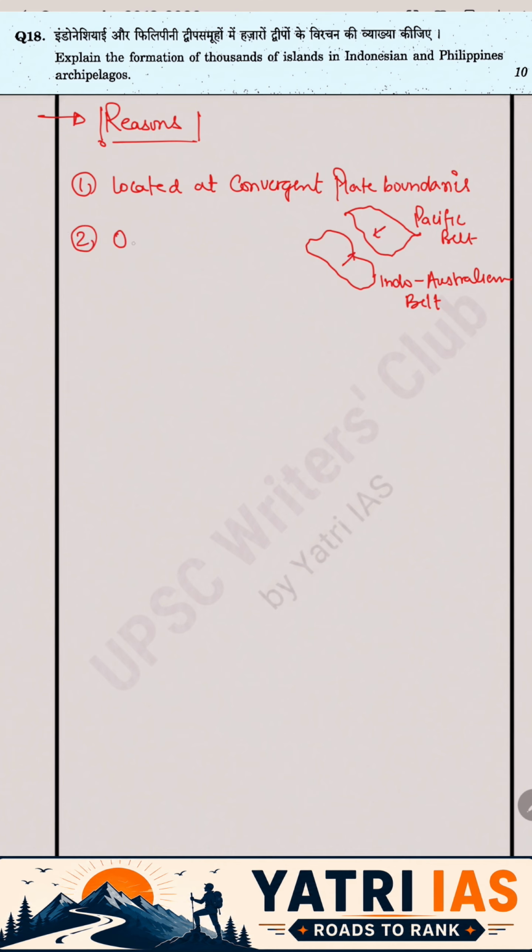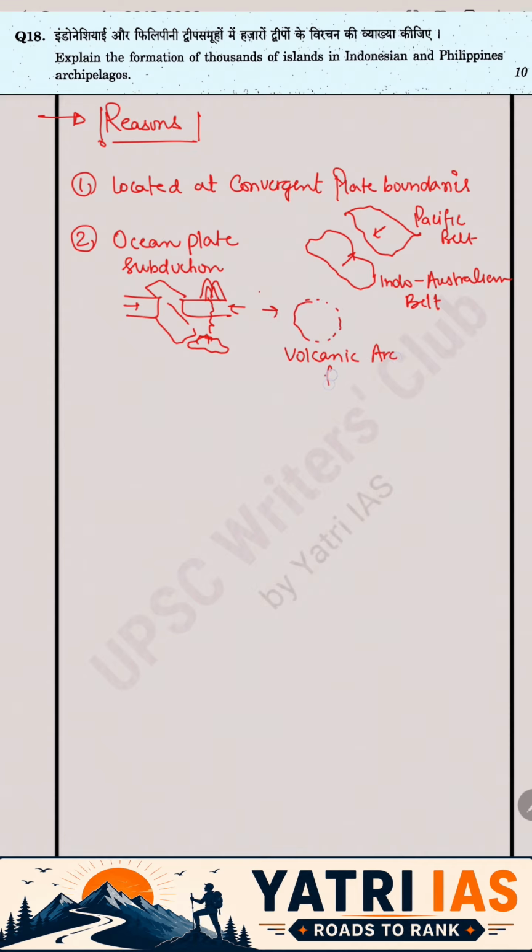Then you would mention subduction of the ocean plate is the reason for such a phenomenon, archipelago formation. Activity takes place here, and then faulting takes place, and you see magma formation, and with this you see volcanic arc formation as well. And when successive volcanic eruptions take place, it leads to volcanic island formation.